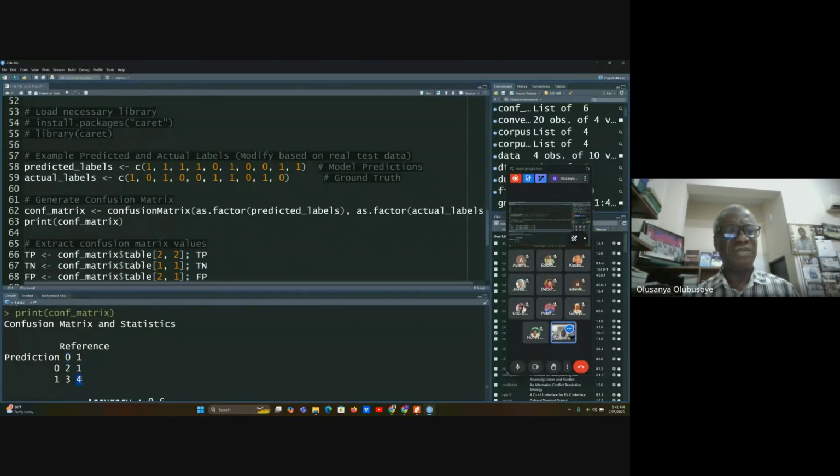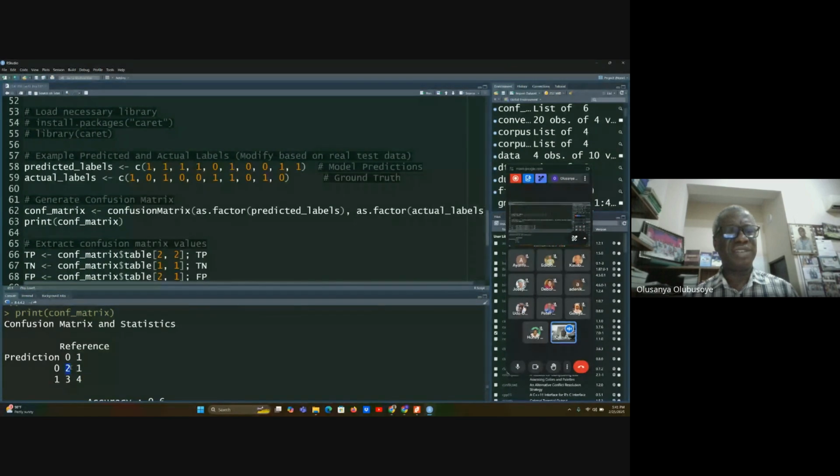And 4 was predicted to be positive when it was actually positive.